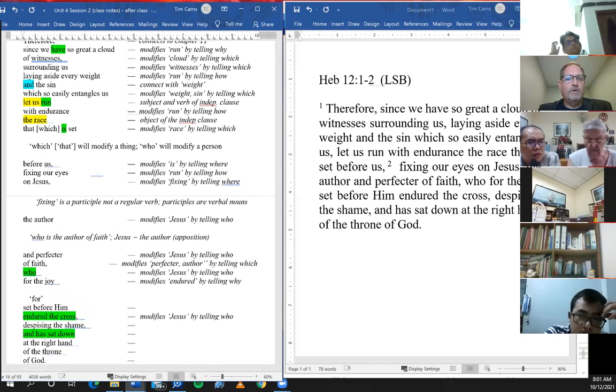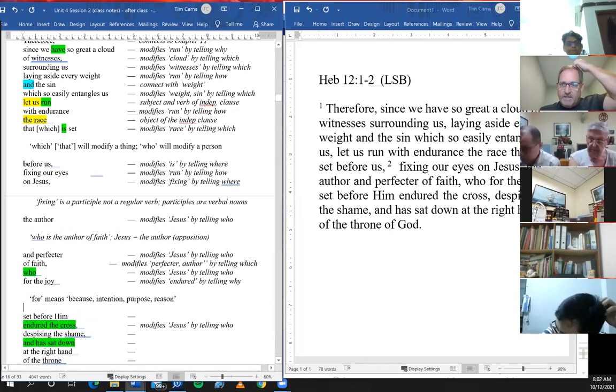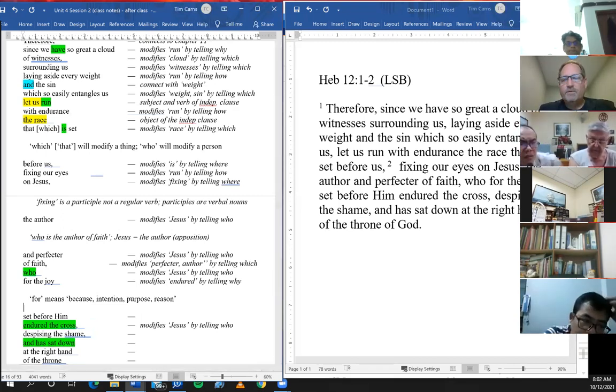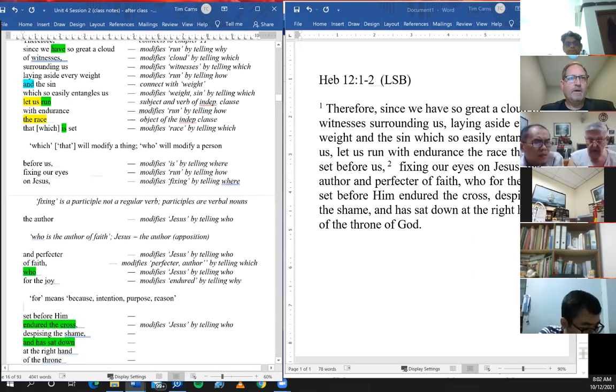So that word for means because, intention, purpose, reason. Okay, so in this case, yes, it's describing a reason. Why did he endure the cross? For the joy set before him. All right, good.